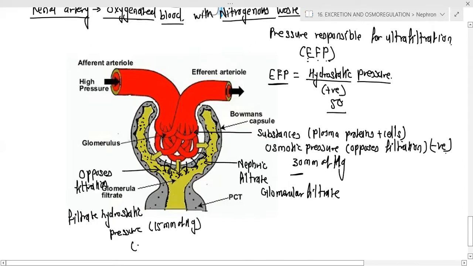So remember, two negative pressures, 30 and 15, correct? So this becomes 45, and the positive pressure is 55, and this is 45. So 10 mm of Hg. This is the net pressure which causes filtration. Understanding?